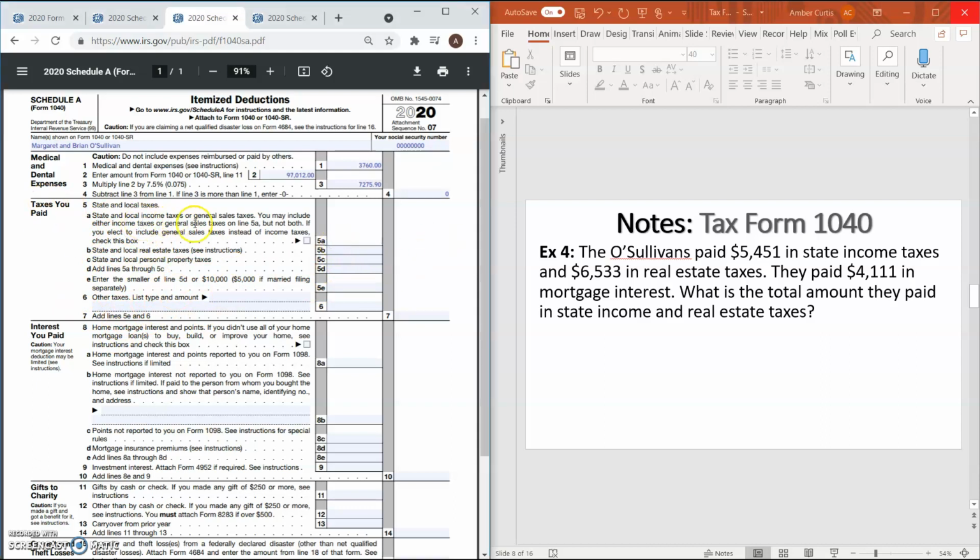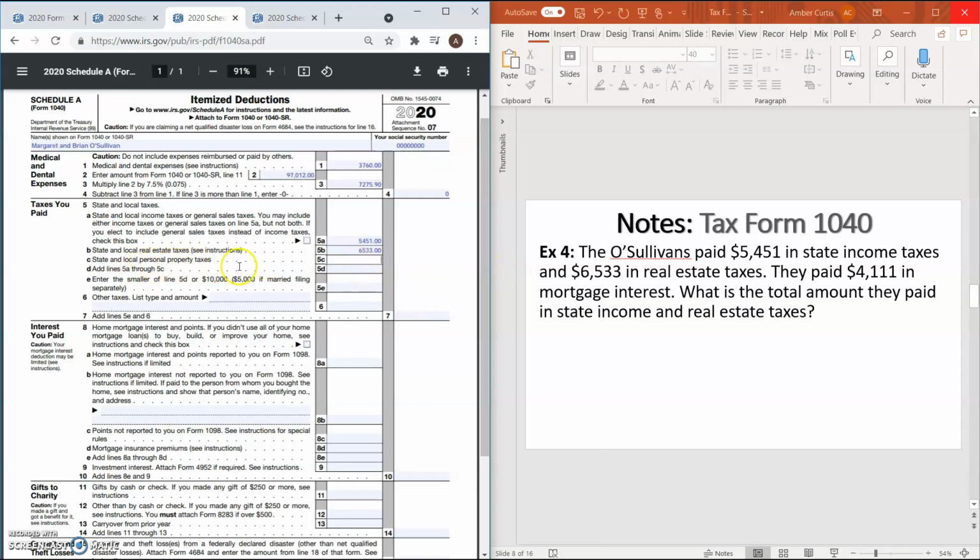In 5A, we're going to be putting their local income tax, state tax, etc. So that was $5,451. In 5B, we're going to be putting real estate tax. So that was $6,533. 5C is state and local personal property taxes.